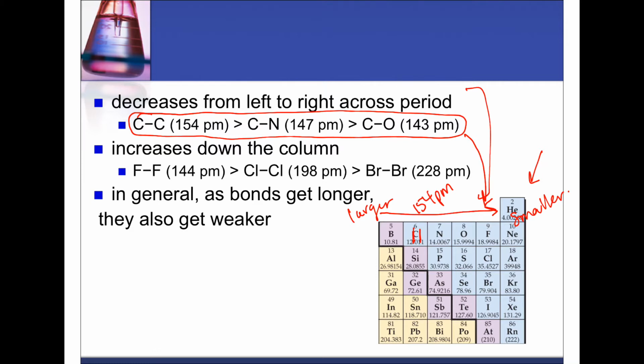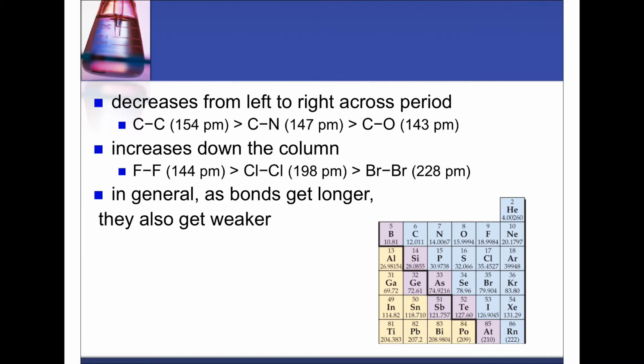The next one is a carbon to a nitrogen bond, and that's 147 picometers. The reason why the carbon-nitrogen bond is smaller is because nitrogens are smaller than carbons, and so as you get further away from the carbons going in this direction, the atoms are getting smaller, and you can see up here that the bond lengths are also getting shorter. It isn't super drastic, but it is definitely a trend.